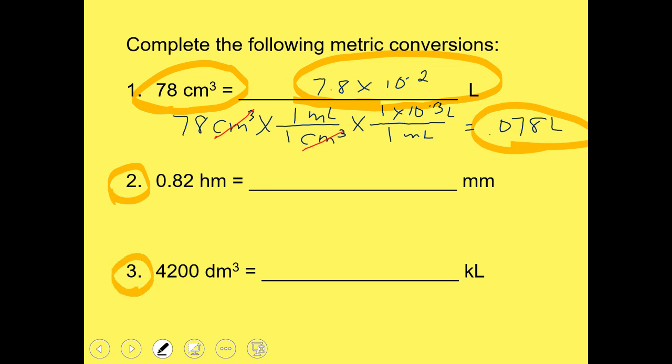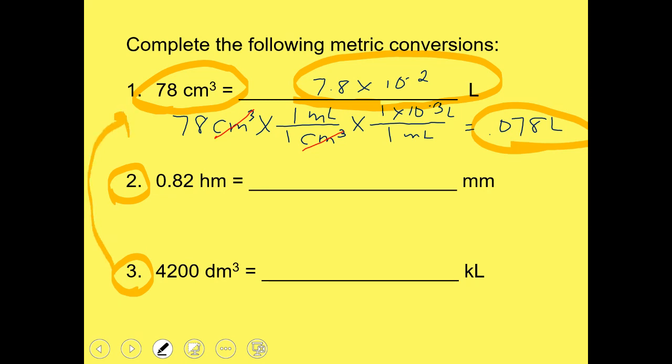Try number 2 and try number 3. I'll give you a few minutes. In number 2, you want to convert from hectometers to meters and then meters to millimeters. So it is going to be 2 steps, which was similar to number 3 on the previous slide. And then this one with the cube, number 3, is similar to number 1.